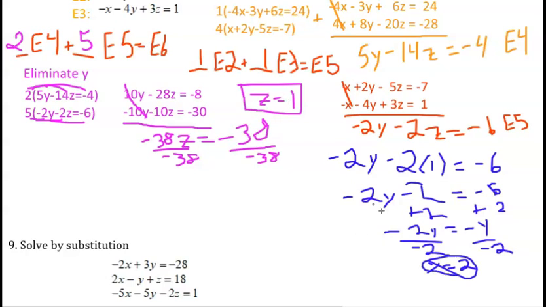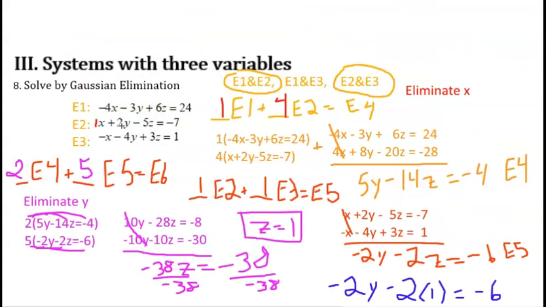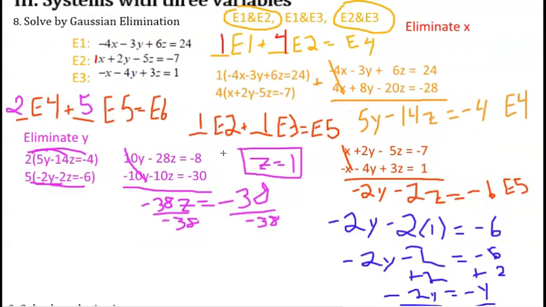So we'll plug both of these numbers back into one of the originals to solve for x. I'll put it in equation 2 since the x is already by itself without a coefficient other than 1. So we have x plus 2 times 2 minus 5 times 1 equals negative 7. X plus 4 minus 5 equals negative 7.